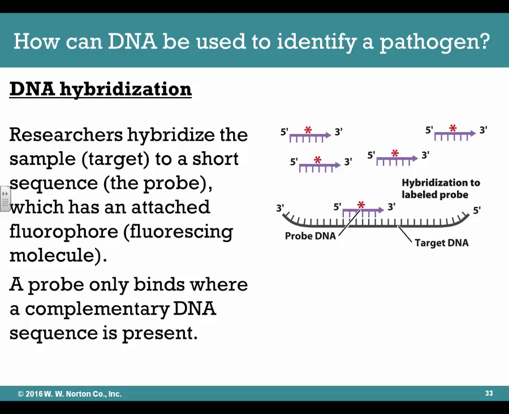But by looking at regions within the genome, using DNA probes represented here as the purple arrow, that have been tagged with something that is detectable, either a fluorescing molecule or a radioactive molecule, we can see if there's a good match between that probe and the target DNA.